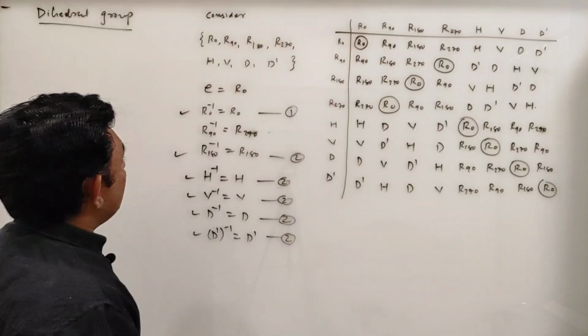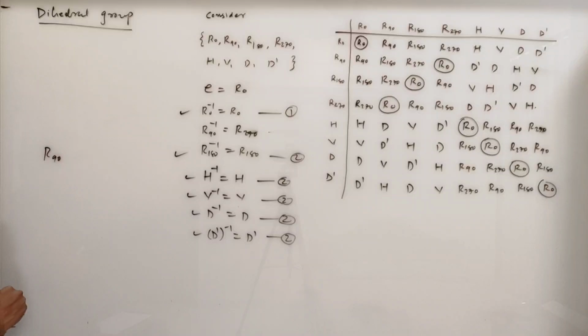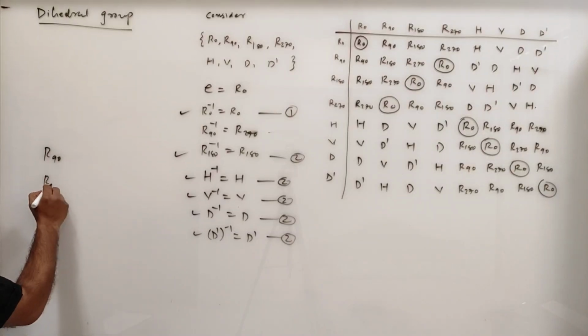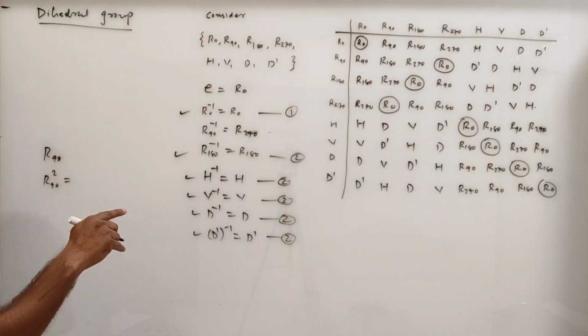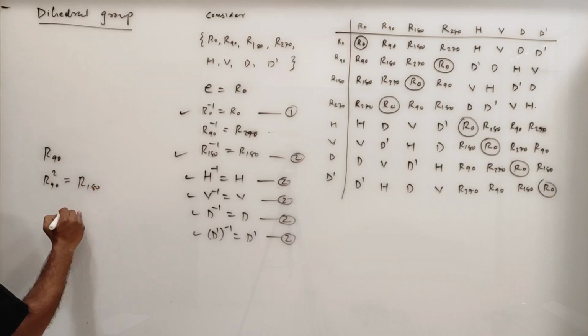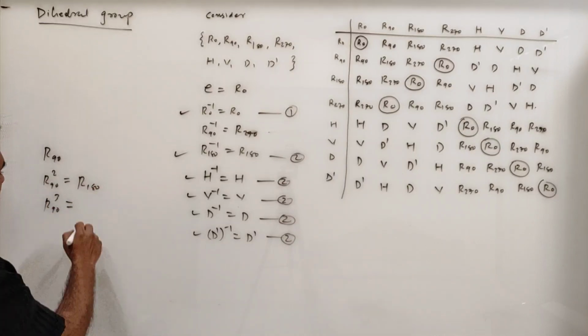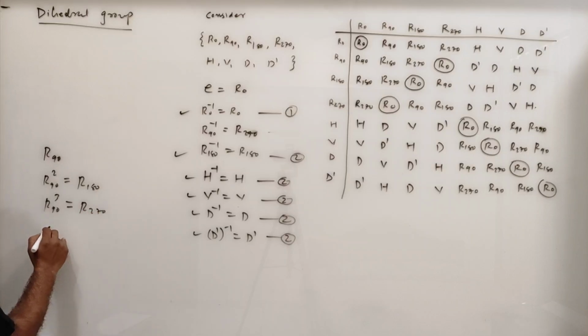So what is the order of R90? See, R90 square means two times a 90 degree rotation, so it will be R180. R90 cube, three times a 90 degree rotation, is R270.